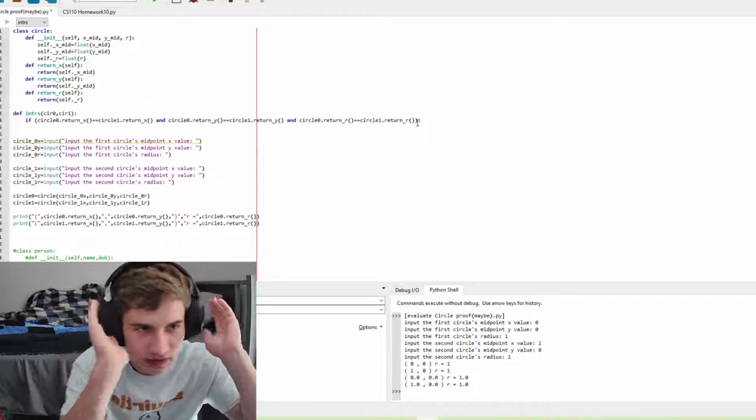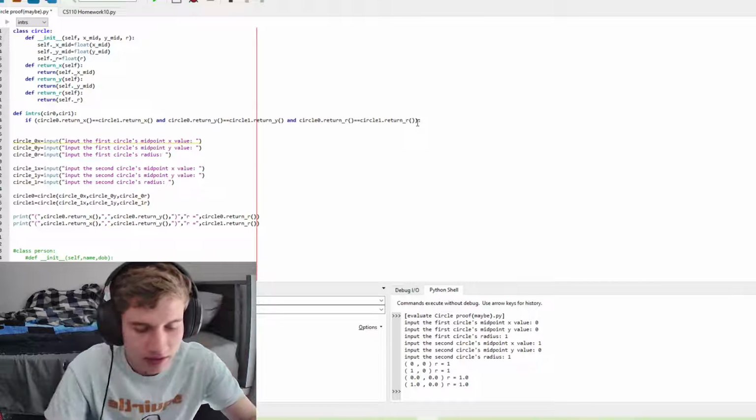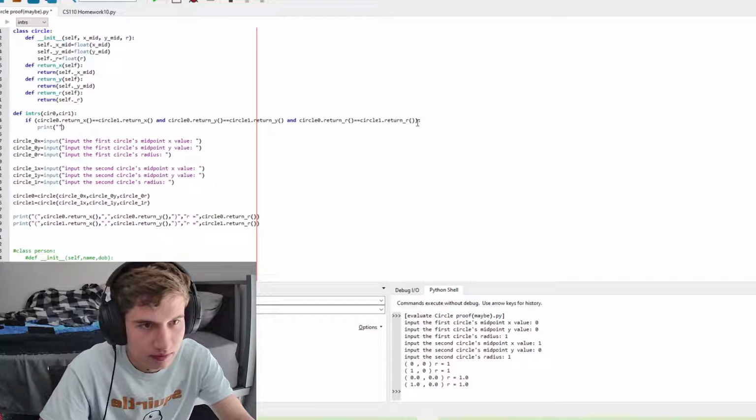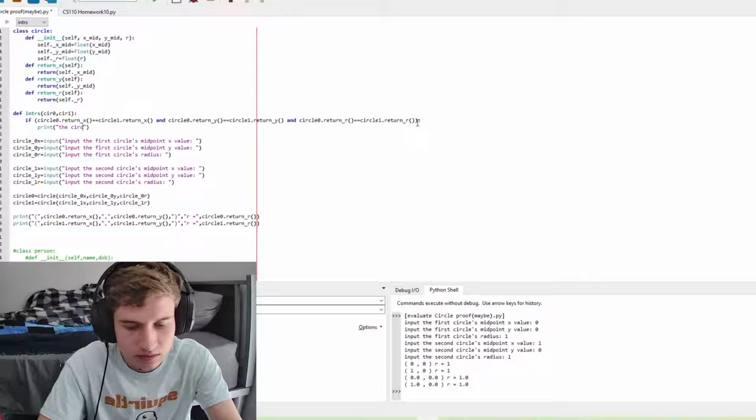Okay, if this is true, then print the circles are the same.